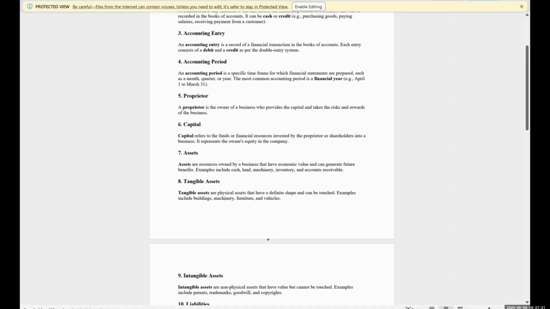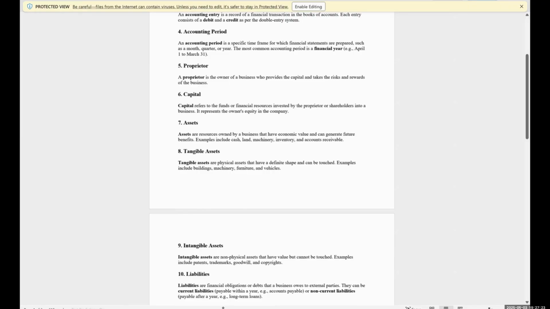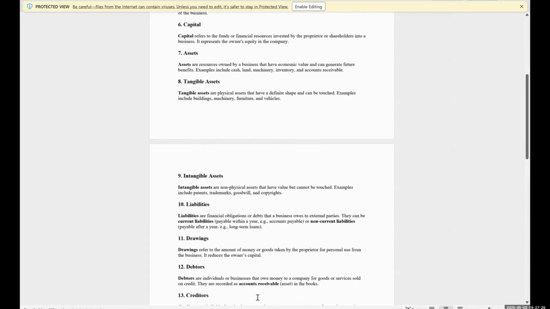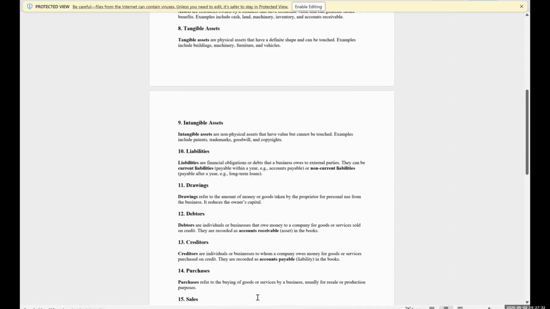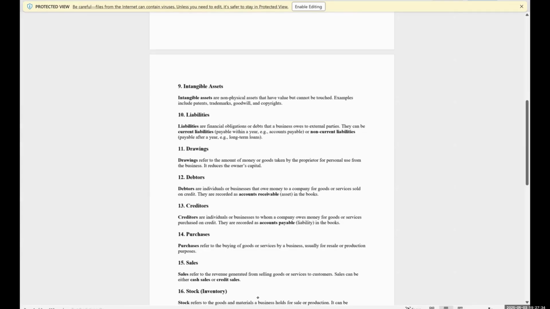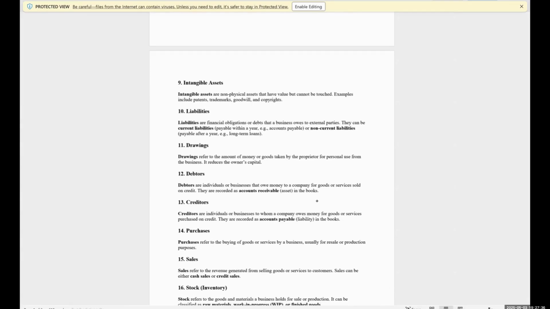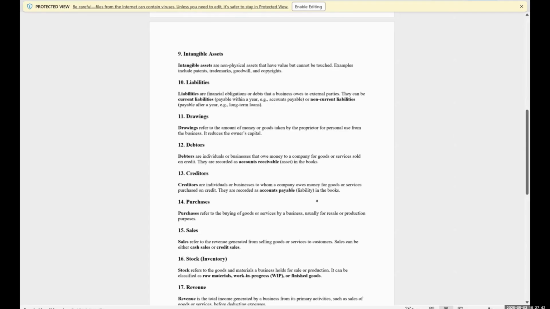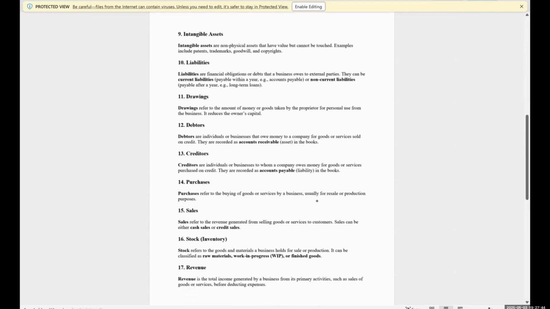In accountancy, assets means properties. Loans we call liabilities. Drawings means if the owner withdraws some amount from the business for his personal use, then we call it drawings. Purchase means buying something.